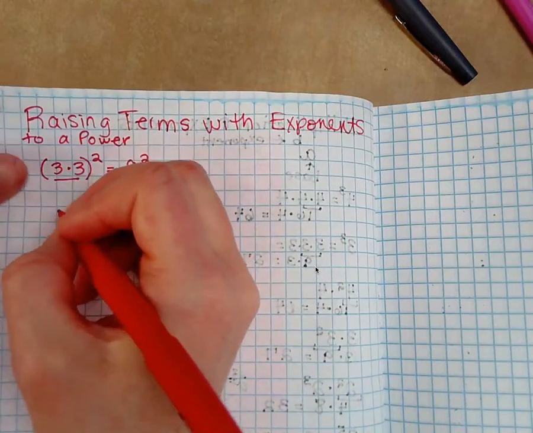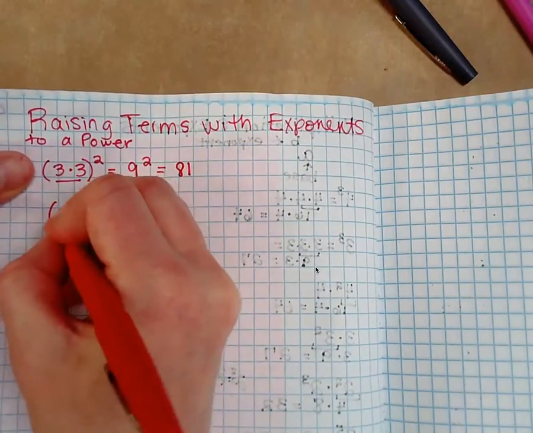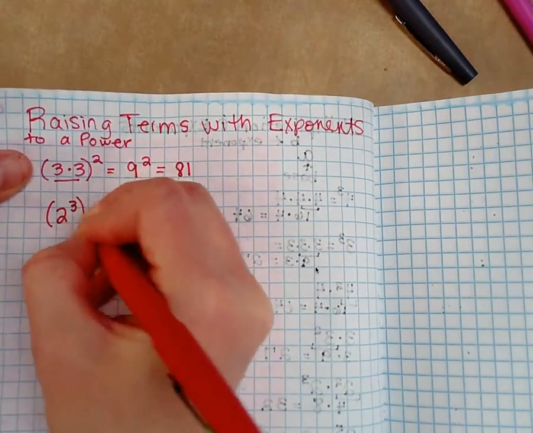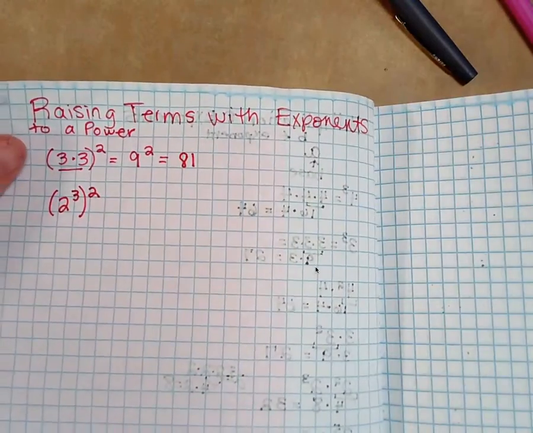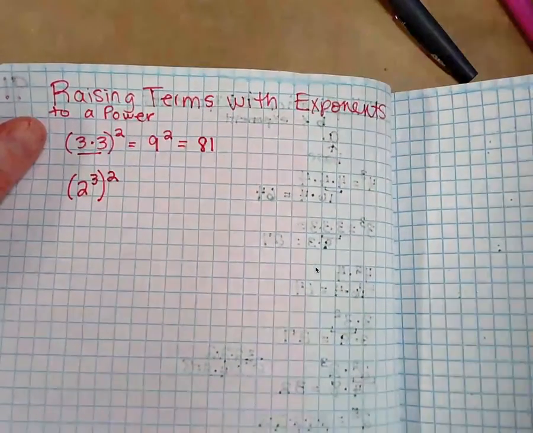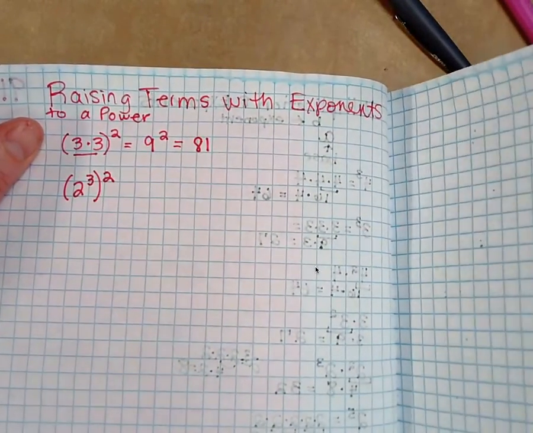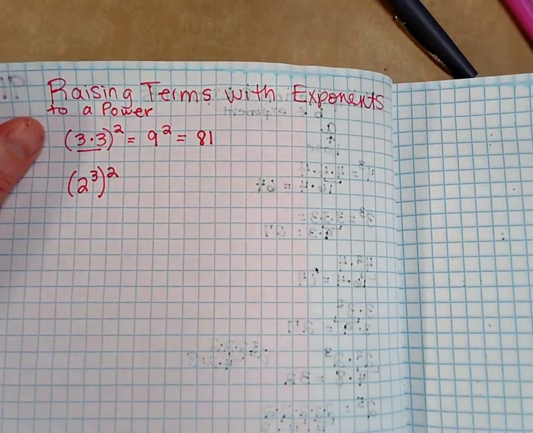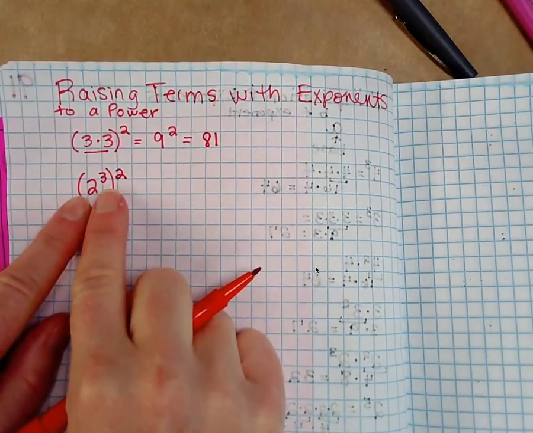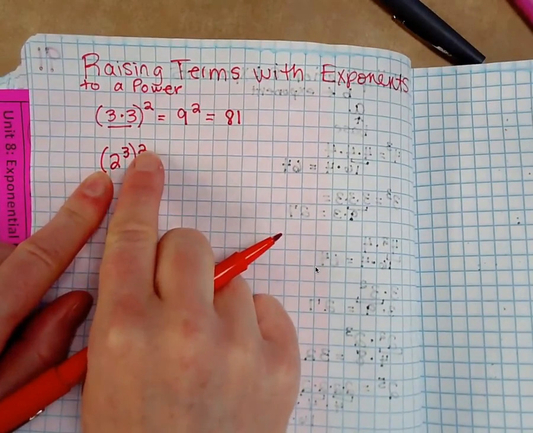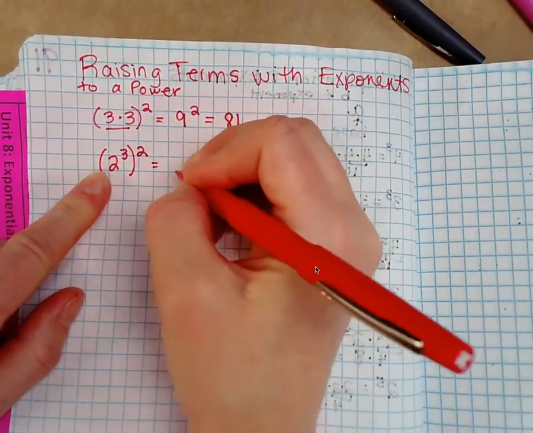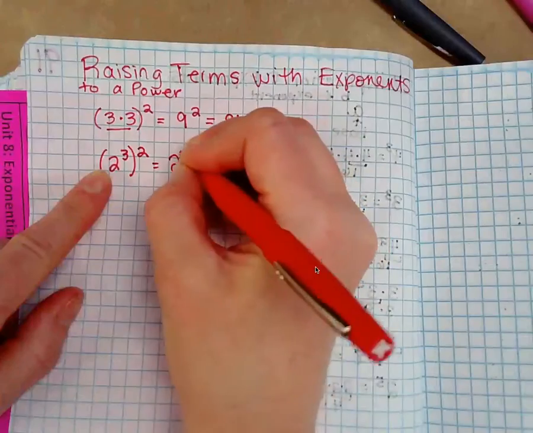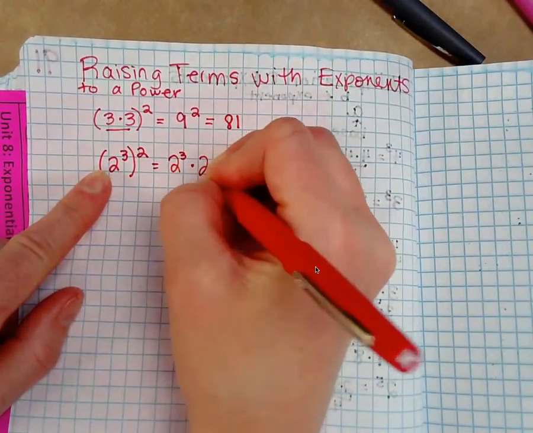Okay, the next one is going to be 2 to the third squared. No, because it's not beside each other. What does the squared mean? That means you're doing 2 to the third times 2 to the third, right?